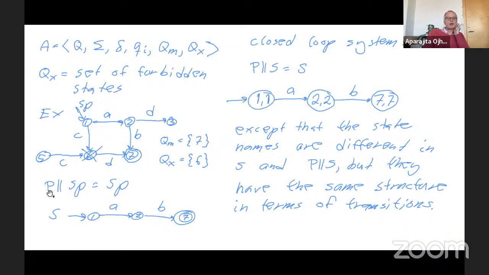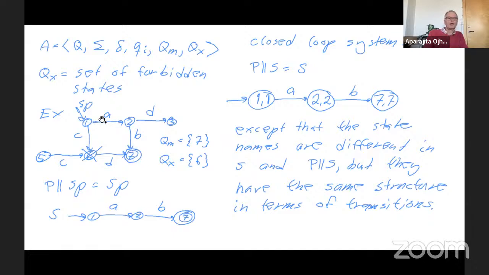Well, if you synchronize P with this specification, you generate a specification, and to avoid this state 6, you simply get this model. That means that you take this path A followed by B, and then you reach 7.